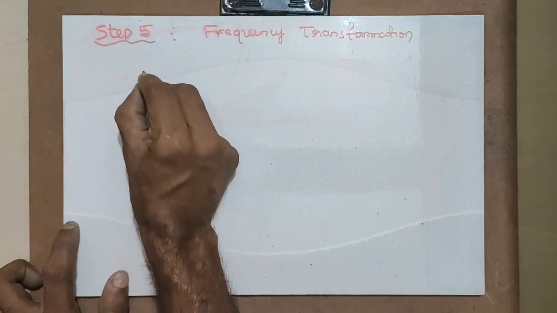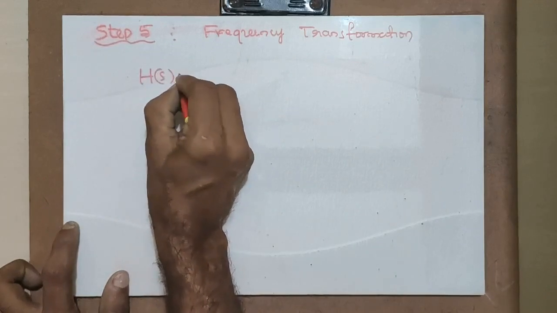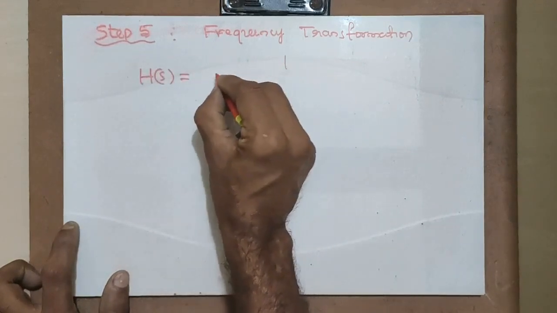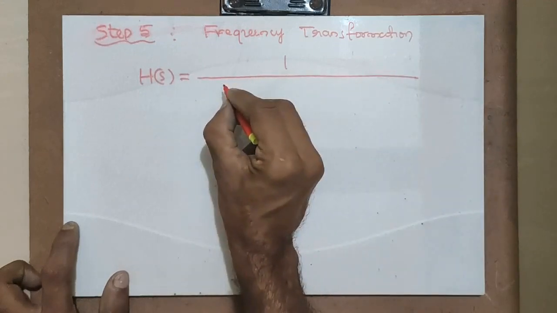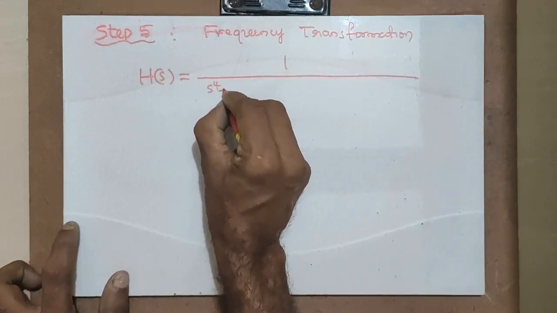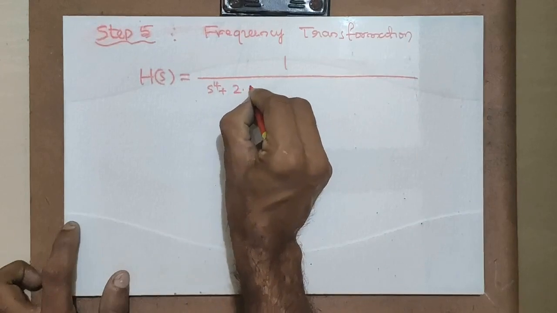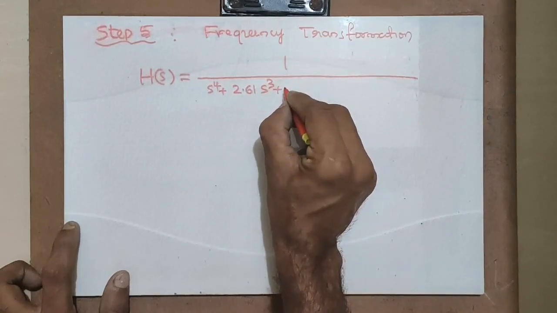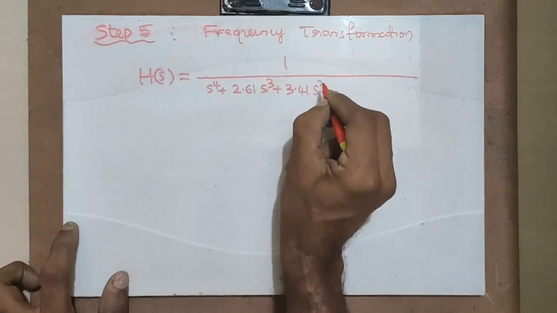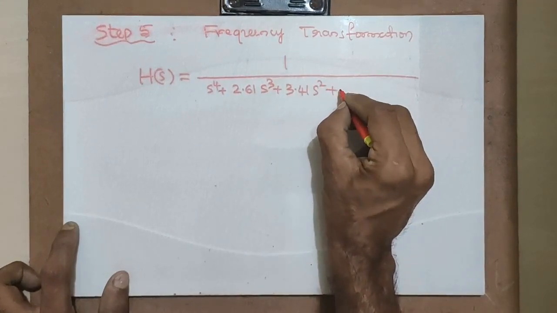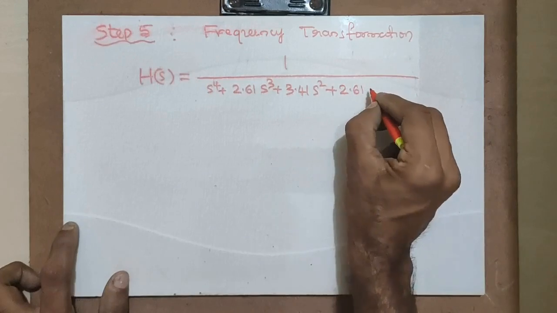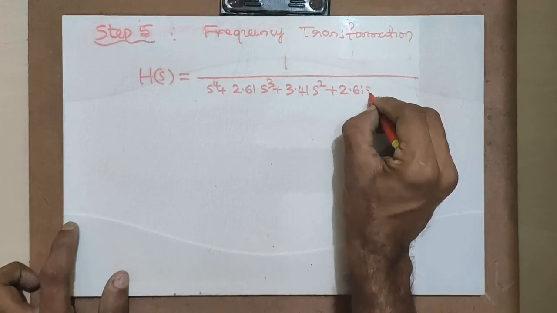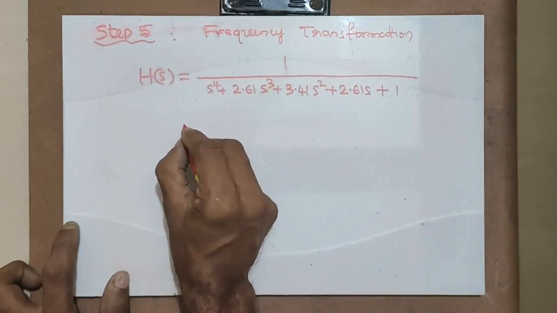H of S is equal to 1 divided by S raised to 4 plus 2.61 S cube plus 3.41 S square plus 2.61 S plus 1, isn't it?